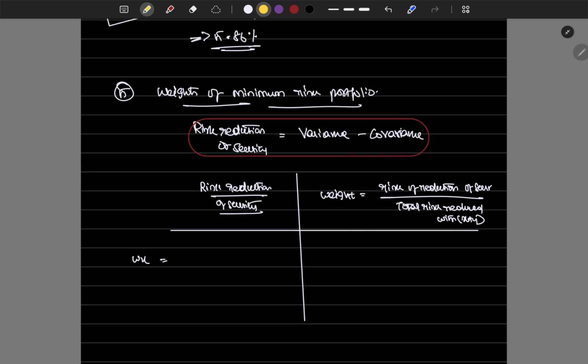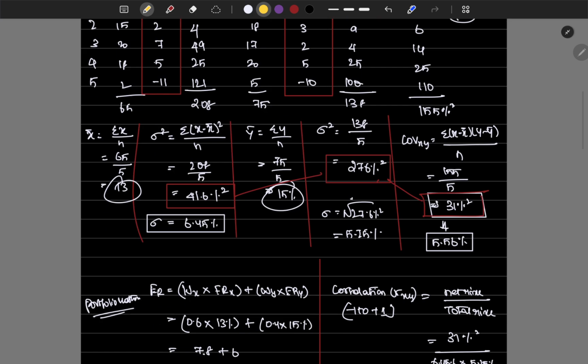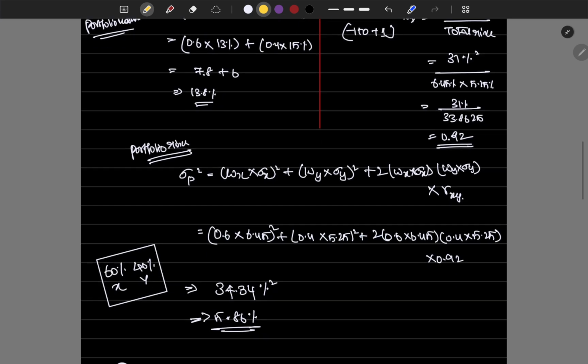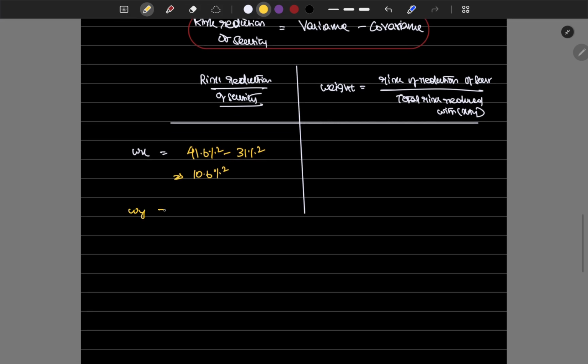Okay, now what's the risk of x, 41.6% square, minus 31% square, 41.6 minus 31, which is 10.6% square, right? What's the weight of y?